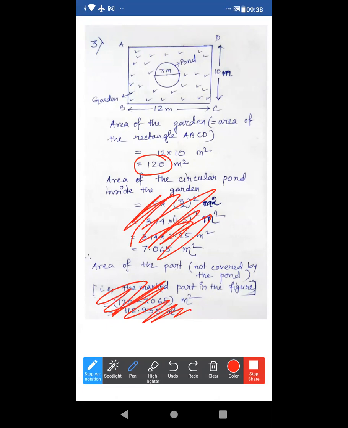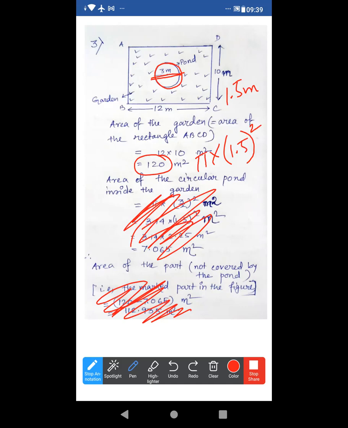Now you have to find out the area of this pond, right? Its diameter is given as 3 meters. Then the radius will be 1.5 meters. So what will be the area? Pi into 1.5 square.